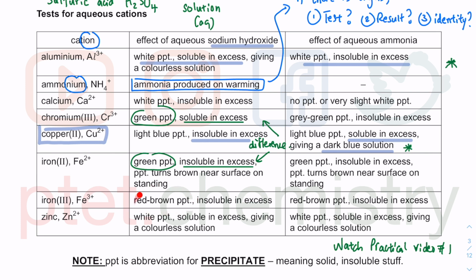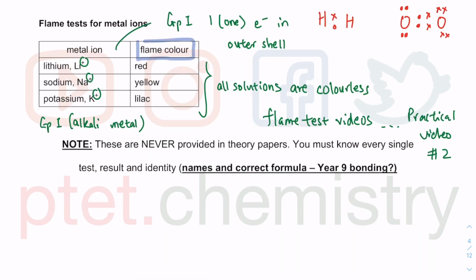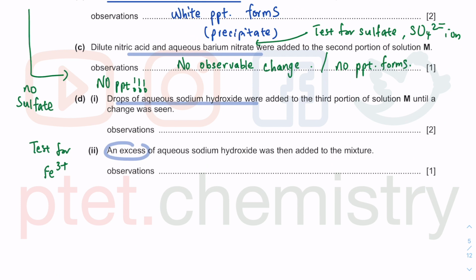I get a red-brown precipitate with sodium hydroxide, drop by drop, and then it is insoluble in excess sodium hydroxide, so it remains as red-brown precipitate. So I do get a red-brown solid, a red-brown ppt forming. But then we complete the story based on the table of results. This is insoluble in excess sodium hydroxide. Therefore, the red-brown precipitate remains.